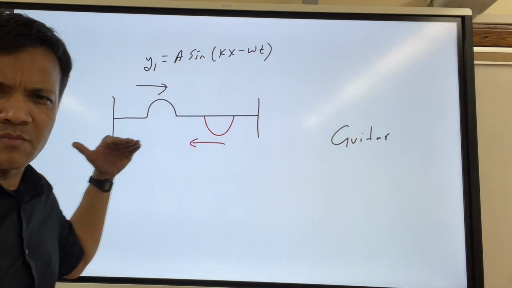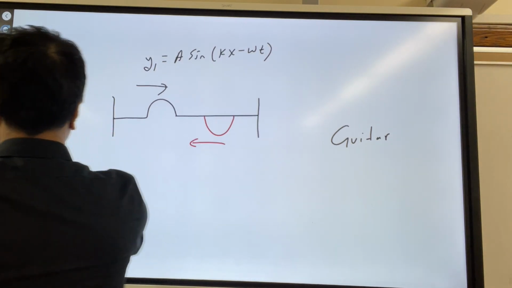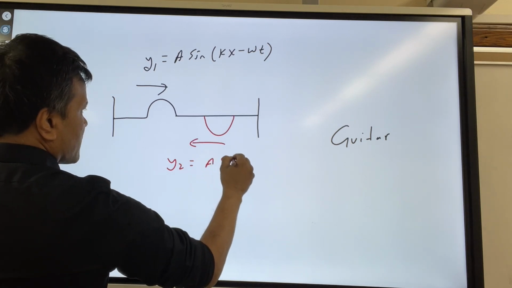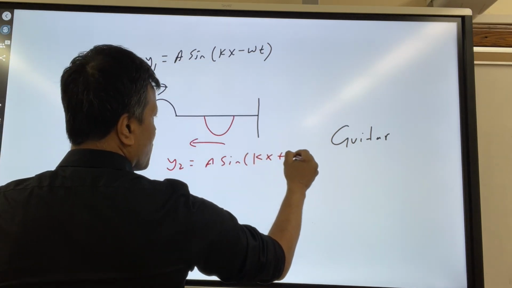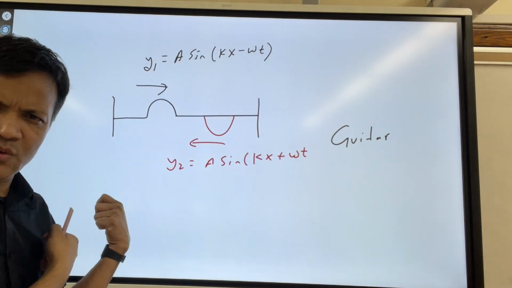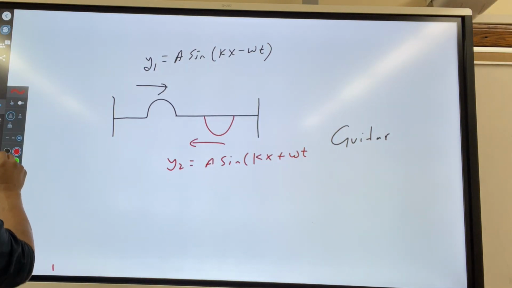Minus means it's moving to the right. And now let's write this one: y2 equals a sine(kx plus omega t). Omega t with a plus means it is moving to the left, of course.